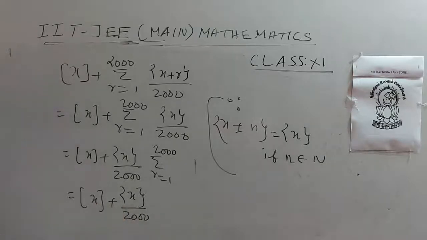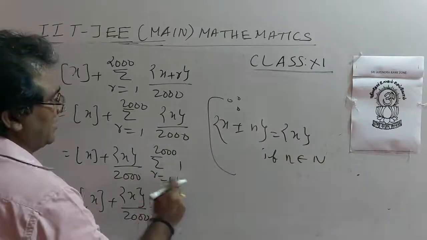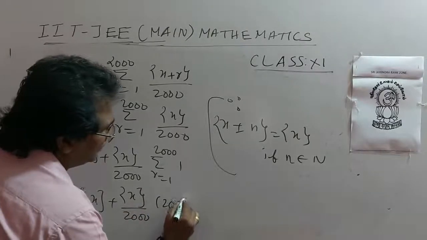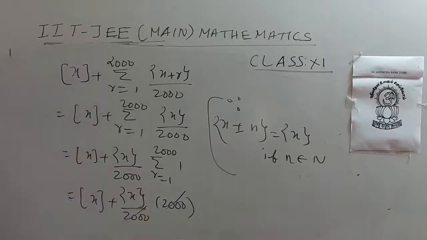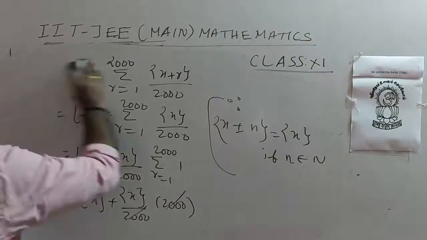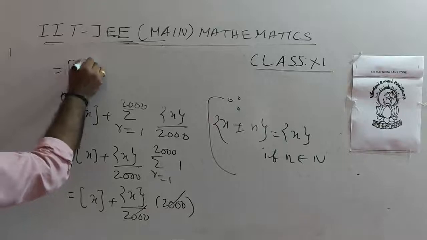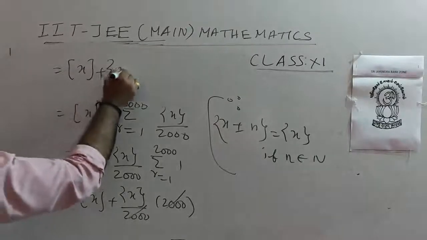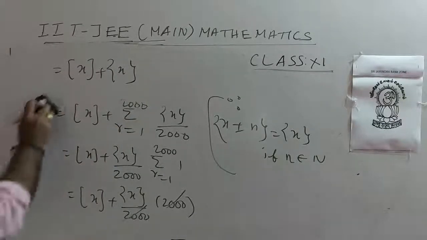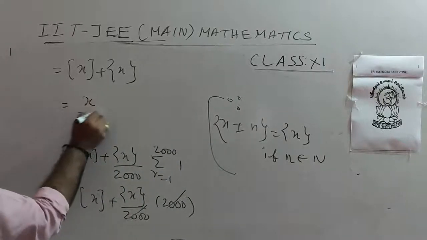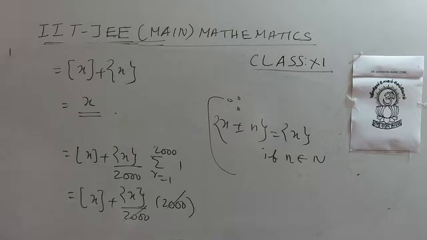By 2000, 1 should be added 2000 times, so that this value will become 2000. This will be cancelled. x plus the integer part plus fractional part is equal to only x.